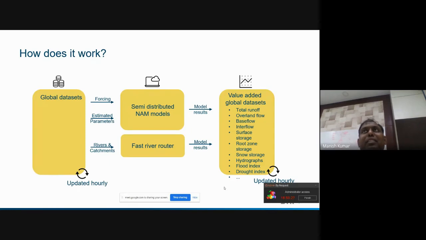You just need to select your catchment area and the point where you want to see the result, and you can generate a 10-day runoff forecast or flow forecast for that river point. That you can use for various types of analysis.